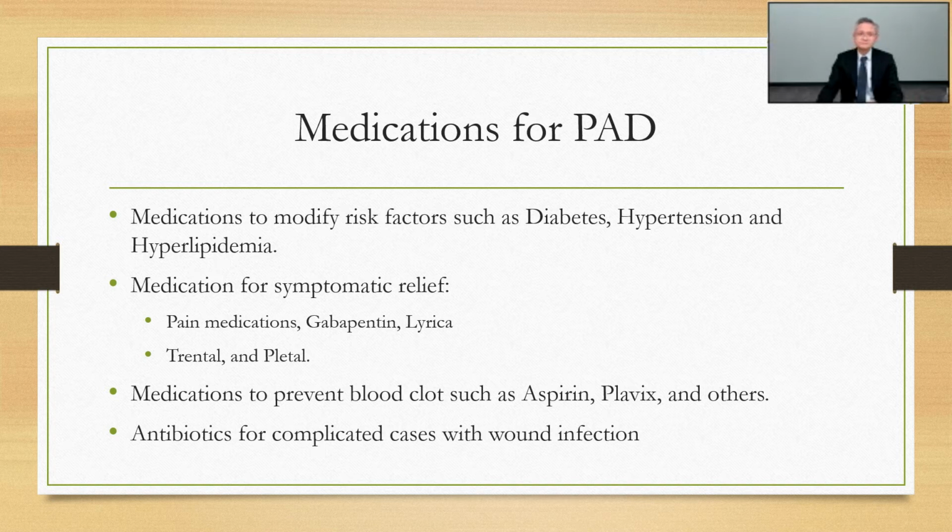All right. Now, in addition, patients with PAD will frequently be recommended to be on antiplatelet therapy. These blood thinners, such as aspirin, Plavix, and other newer ones, are prescribed to prevent acute clot formation that may cause complete occlusion of the blood vessels and acutely stop the blood flow to the limbs.